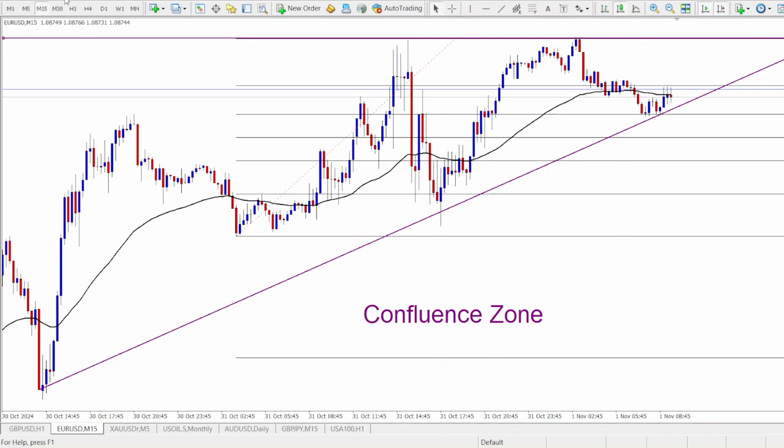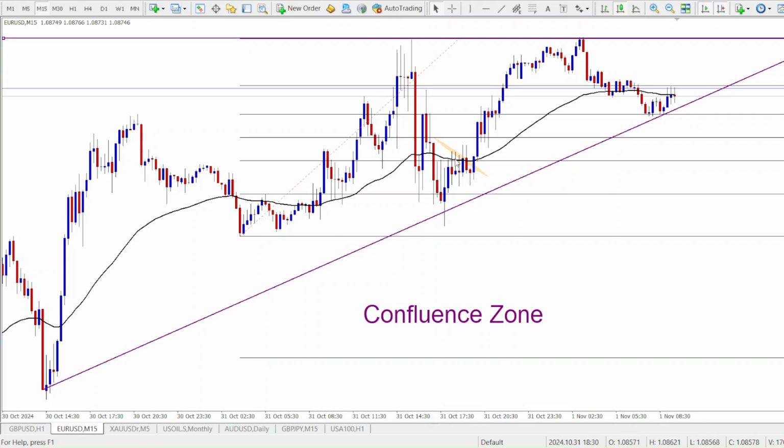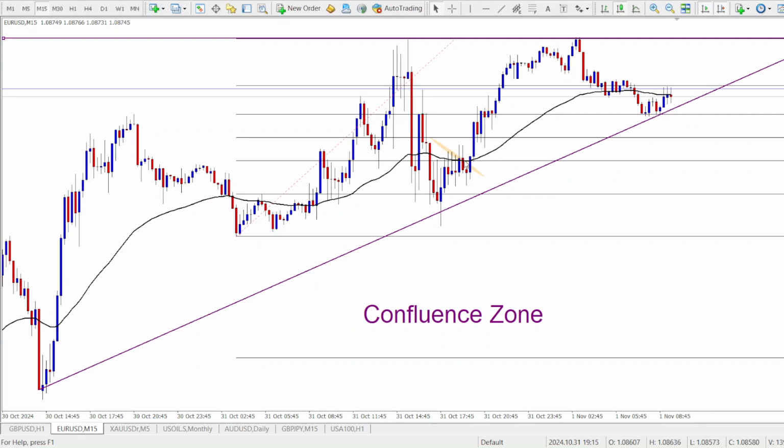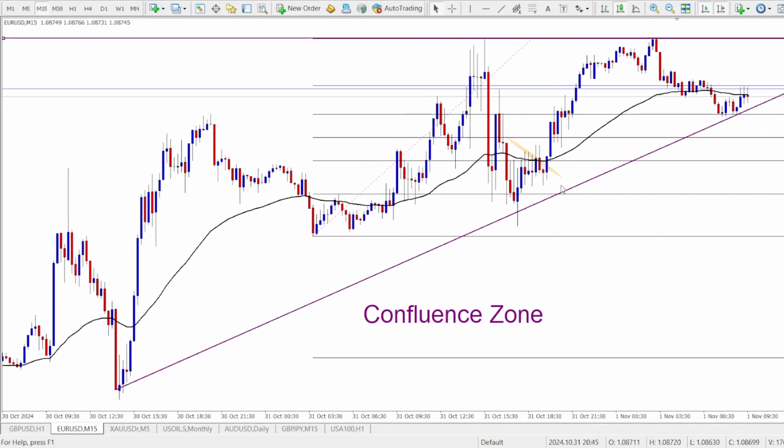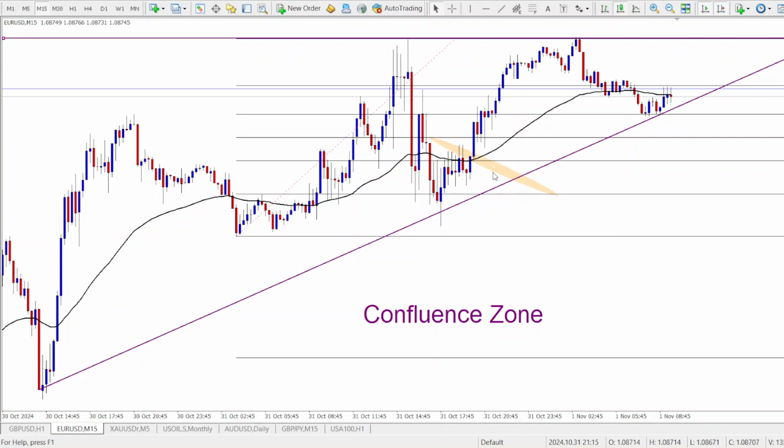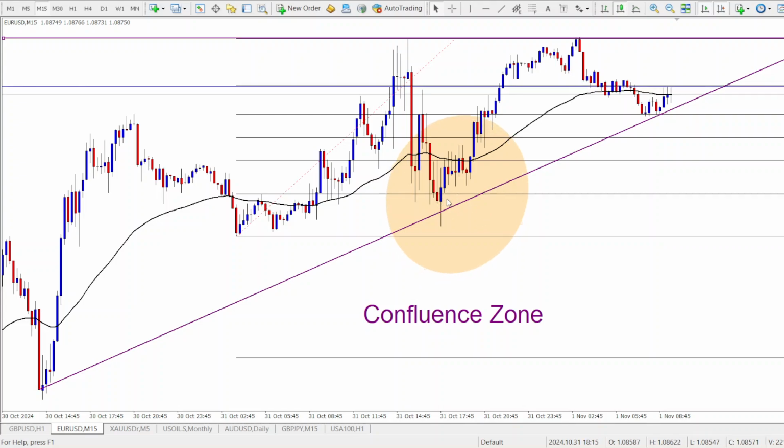So we can say that we had a confluence zone around this point, because we had the price bounce off the trend line first, and then we had the Fibonacci retracement giving us a buy signal, as well as price bouncing off it, and then finally we had the moving average give us a buy signal as price climbed above it.